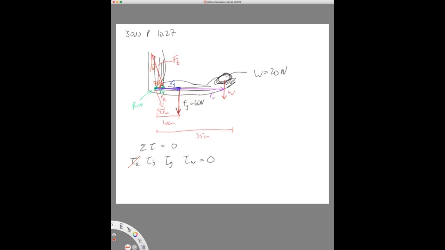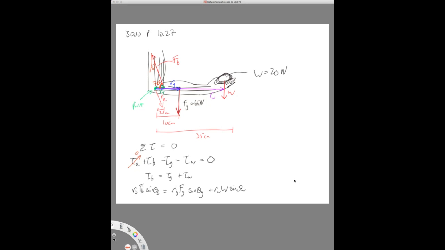But we are going to cross out the torque from the elbow, and then the torque from the biceps is trying to bring things counterclockwise, and the other two are going clockwise. So now we have torque from the biceps equals torque from gravity plus torque from the weight. And that's R biceps, force biceps, sine of theta B, equal to RG, FG, sine of theta G, plus RW times W, sine of theta W.